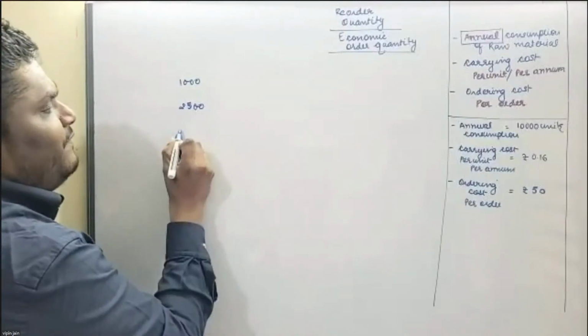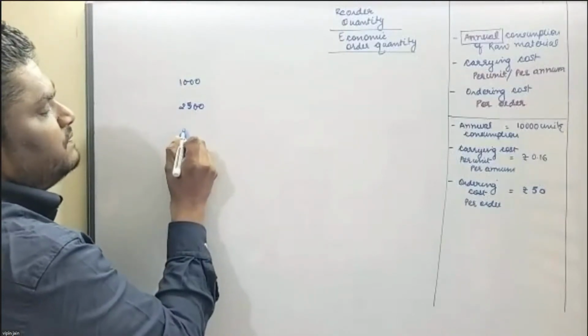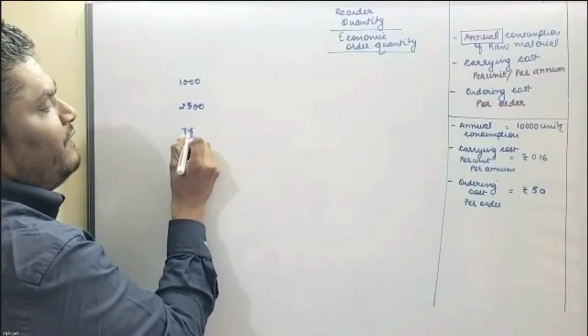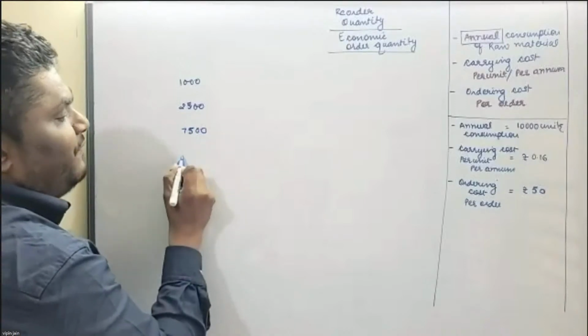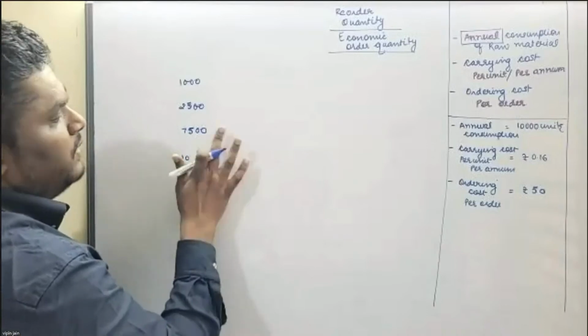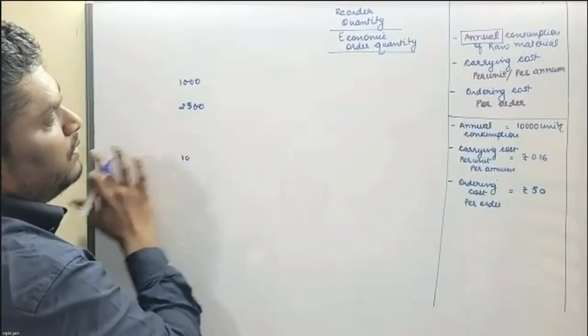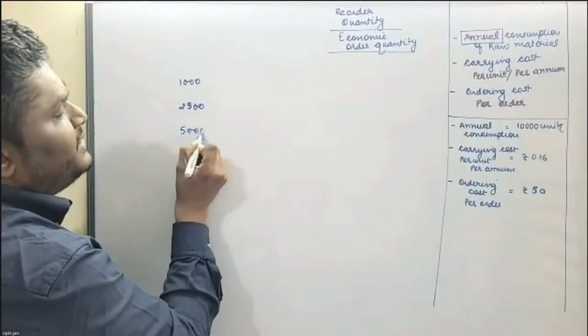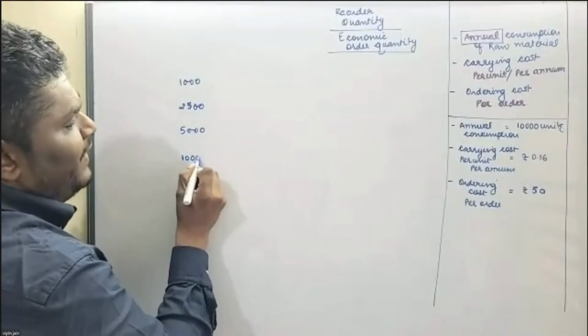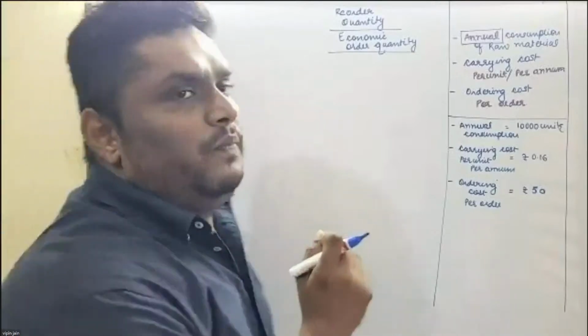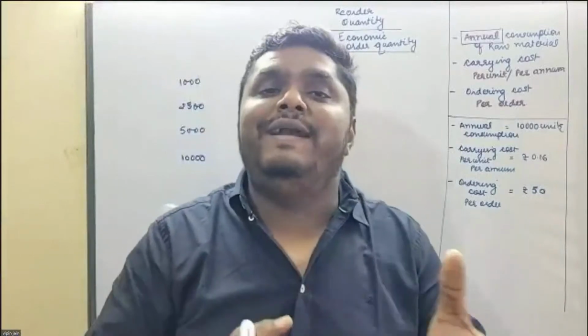What if I order 7,500 units in one go? And what if I order 5,000 units in one go? And what if I order 10,000 units in one go? Let's follow the hit and trial approach.